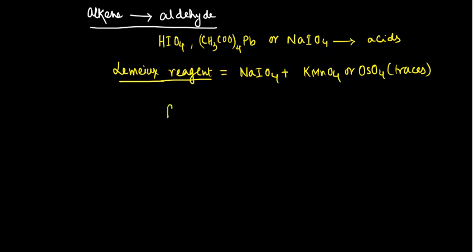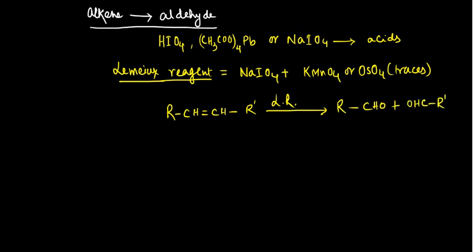Suppose this is the alkene and you use Lemieux reagent: you will get oxidative cleavage and two aldehydes like this.